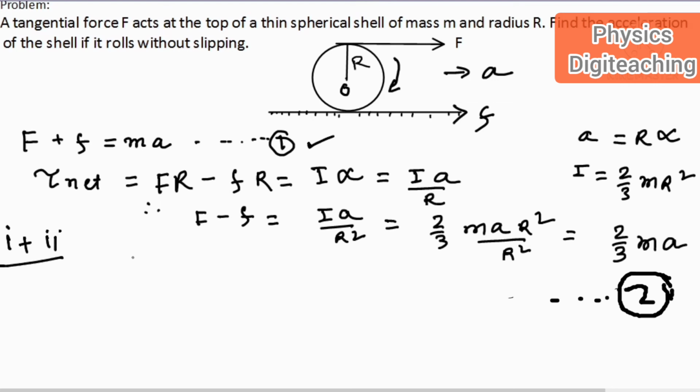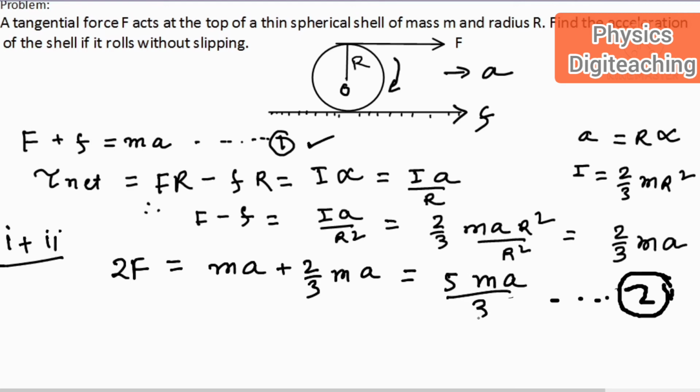We add equation 1 plus 2, and this gives 2F equal to ma plus 2/3 ma, equal to 5 ma upon 3. In the first equation, capital F plus small f, and in the second equation, capital F minus small f, the small f terms cancel, and capital F plus capital F gives 2F.